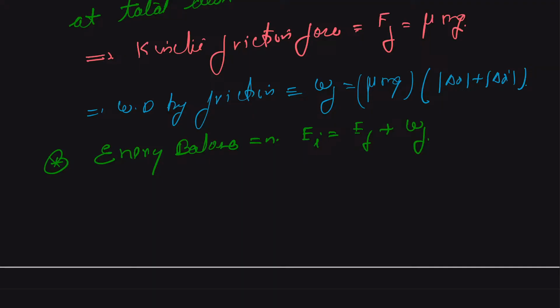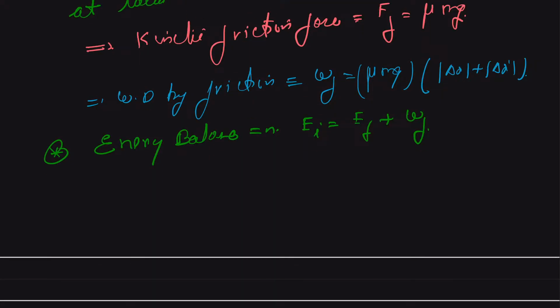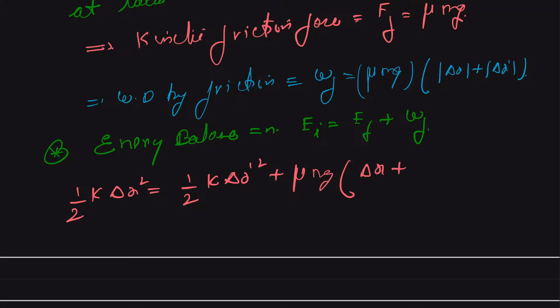So we substitute the equations, we get half k delta x square is equal to half k delta x prime square plus mu mg, and for the sake of convenience, we are just going to remove the modulus. So we can say that the initial spring energy is equal to final spring energy plus energy lost to the friction, that is the work done by the friction.